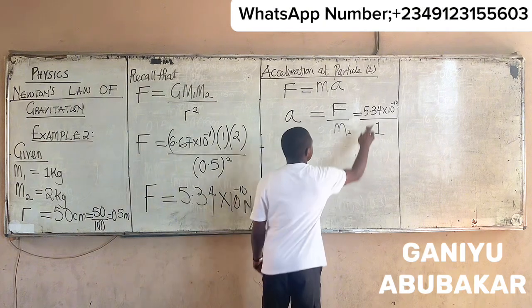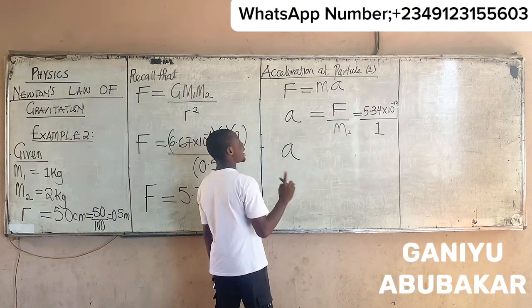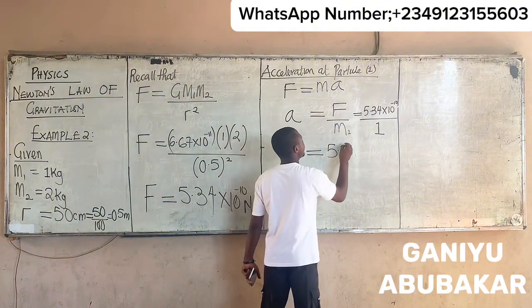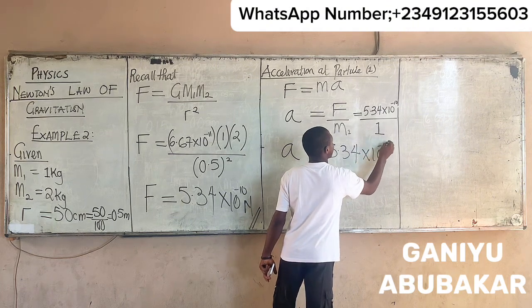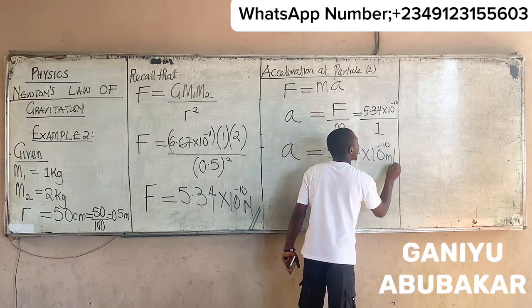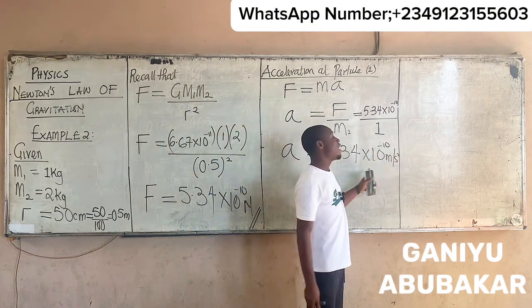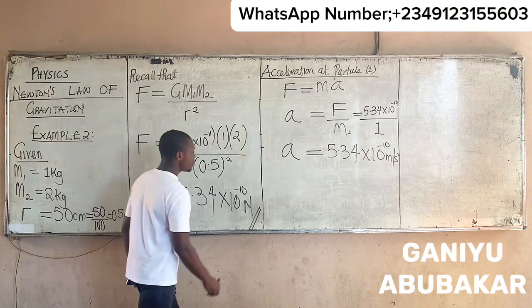So acceleration at particle 1 is equal to 5.34 times 10 to the power minus 10 meter per second squared. That's the acceleration at particle 1.